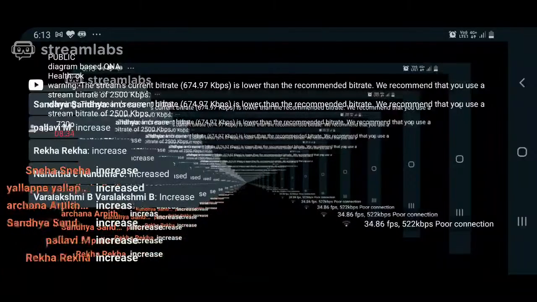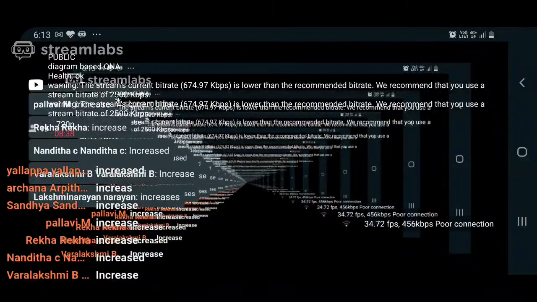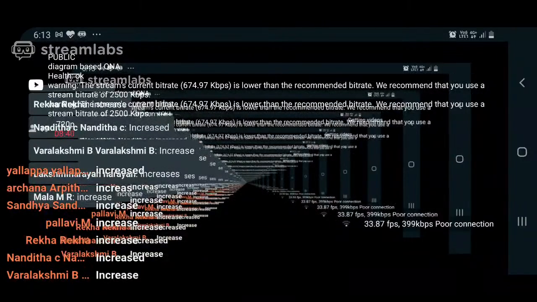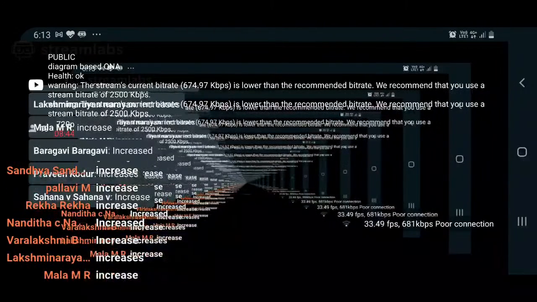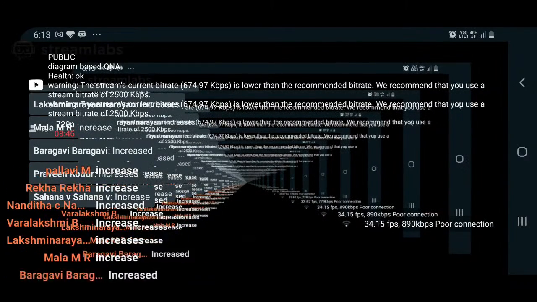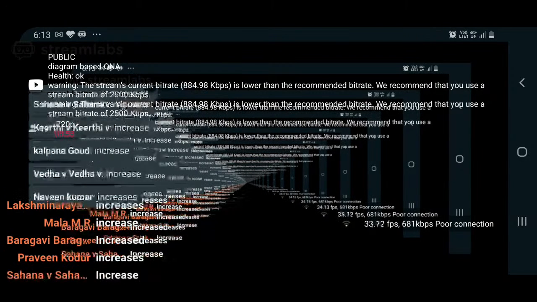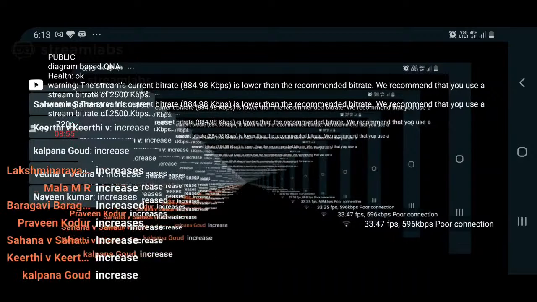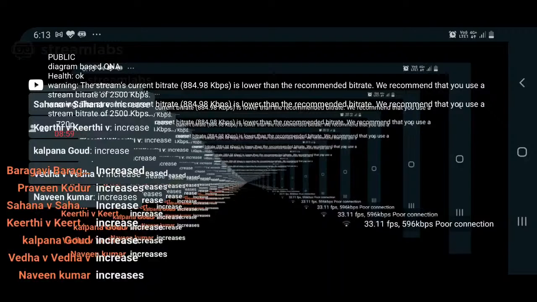And if water is decreased, what happens to the guard cells? Yes, increase is the right answer. Good. Now, when the amount of water is decreased in the guard cells, what happens to the stomata?